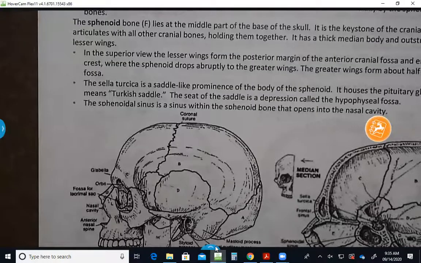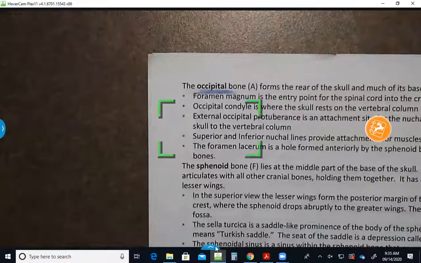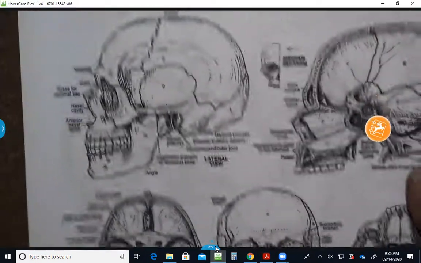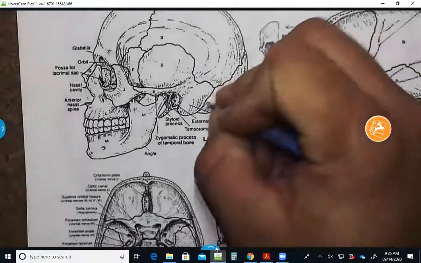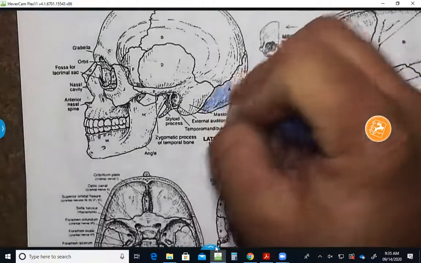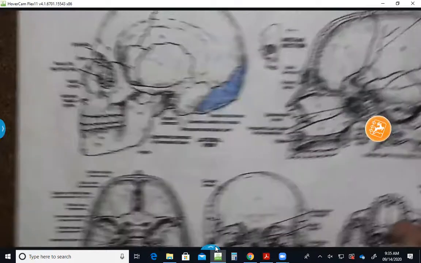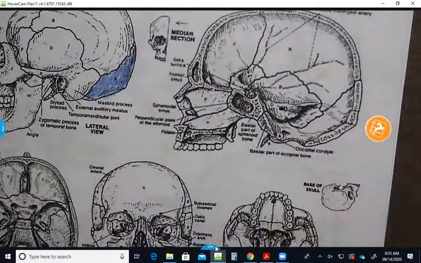All right, your occipital bone, I'm going to color this baby blue color. Letter A is going to form the rear of our skull and much of the base. Very visible here in our lateral view. Also visible in our mid-sagittal view.